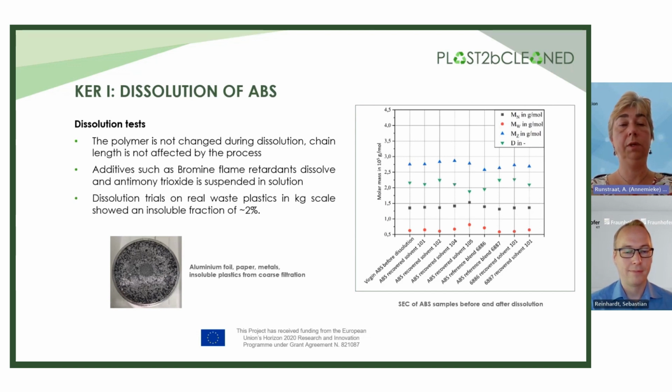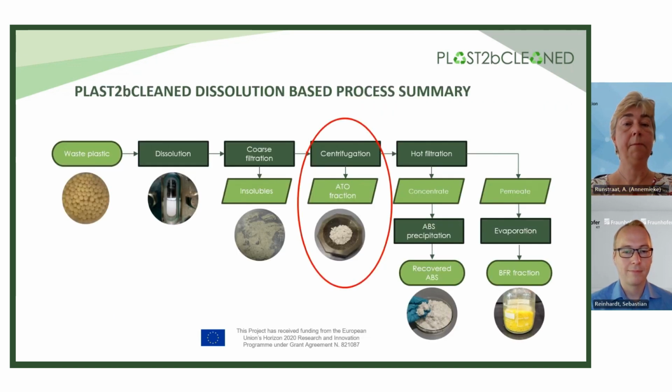And from the trials on real plastic waste, electronics waste, we found out at a kilogram scale that about 2% is a total insoluble fraction. And you see a picture of that below. So it can be aluminum foil, paper, metals, anything from the first coarse filtration of the solution.